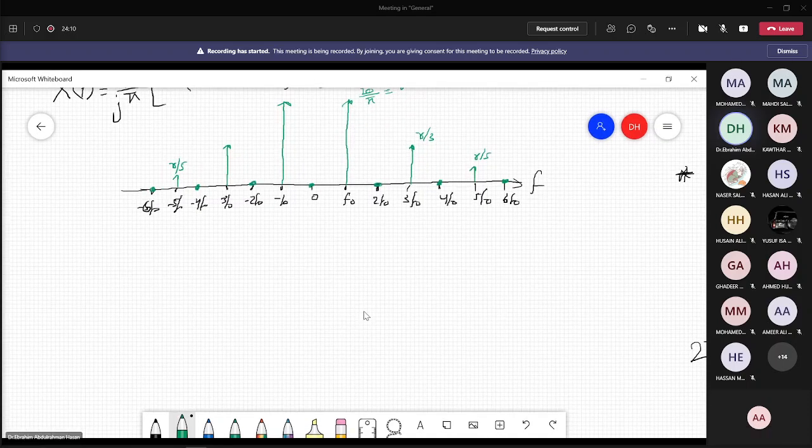Second property, we said we talk about phase shift, and we say that for x of t, Fourier transform, we get x of f.